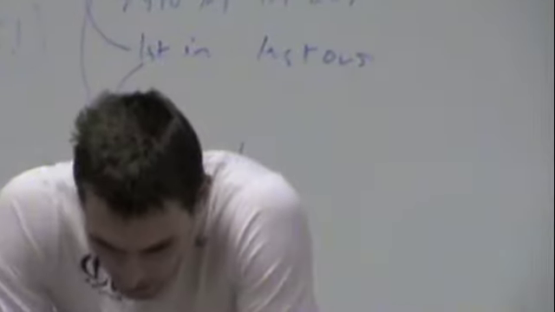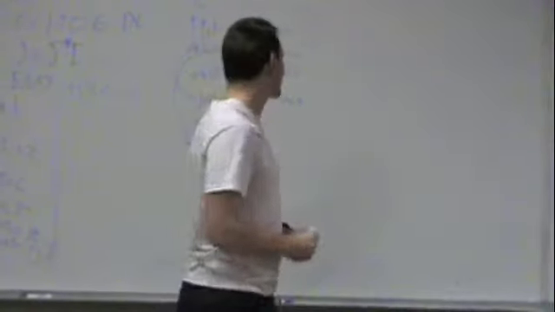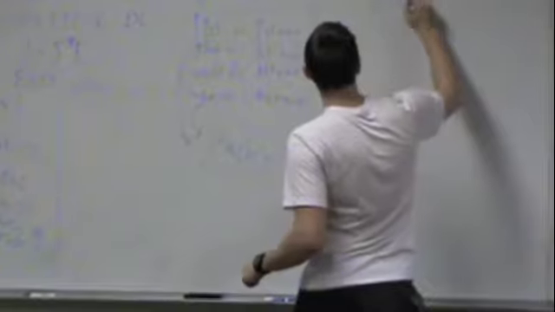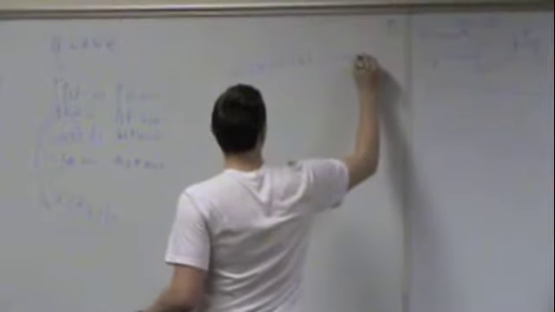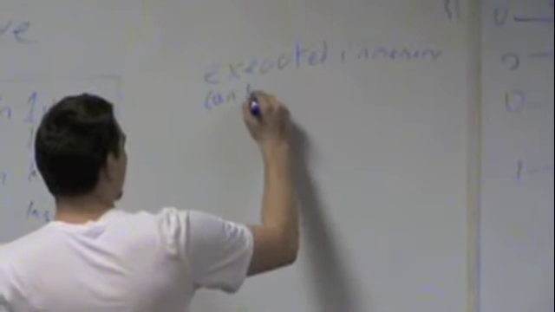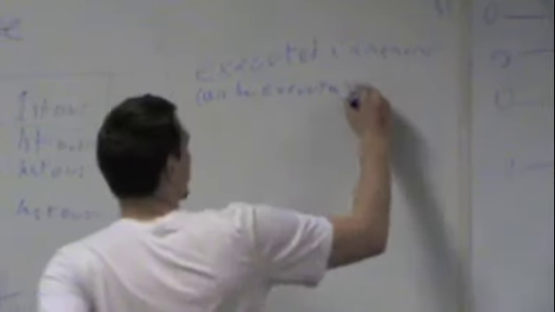Right. Problem 58. For virtual memory systems, large programs are executed in memory. They can be executed using a smaller memory space.